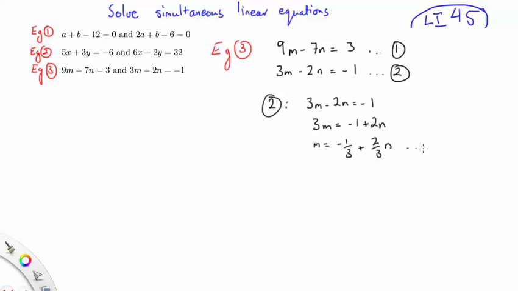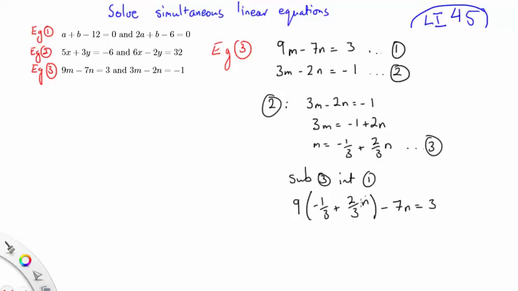Okay, and that's a new equation, 3. Now I'm not going to sub that into equation 2, I'm going to sub it into equation 1. So sub 3 into 1, so we get 9, and our new value for m equals 3. Expand the brackets, we get -3 plus 6n minus 7n equals 3.